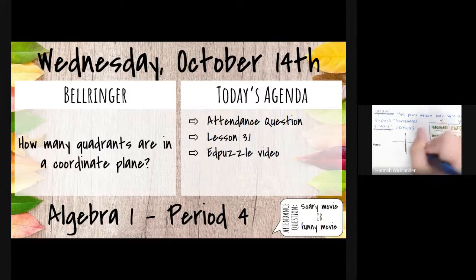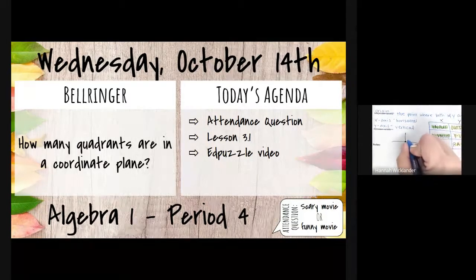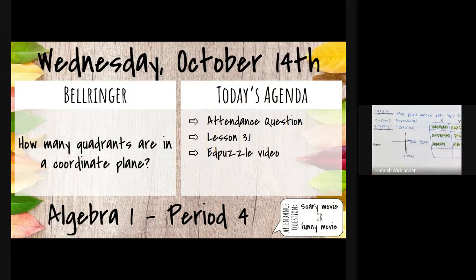Your origin is right here in the very center. You'll learn a little more in the Ed Puzzle video about it. There are 4 quadrants like you answered earlier: quadrant 1, 2, 3, and 4.